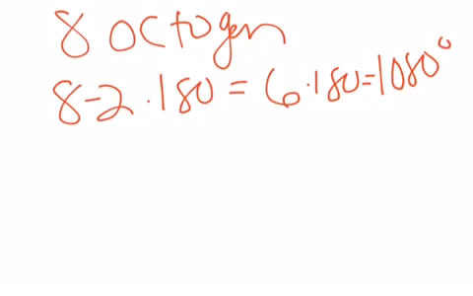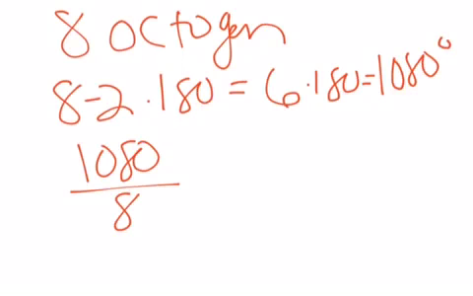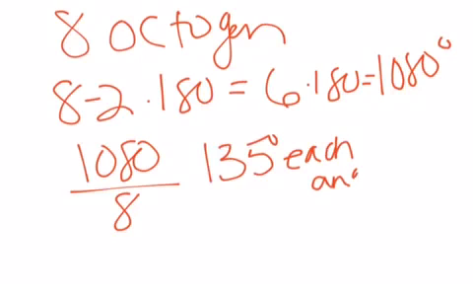For each individual measure, we're going to divide 1,080 by the number of sides, which is 8. So each angle in a regular octagon is going to be 135 degrees.